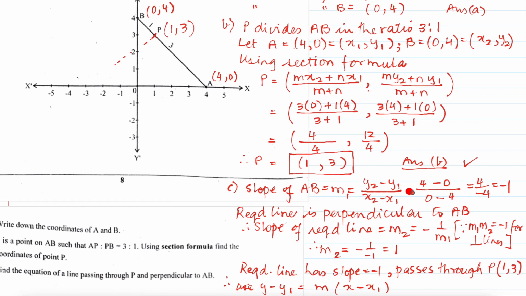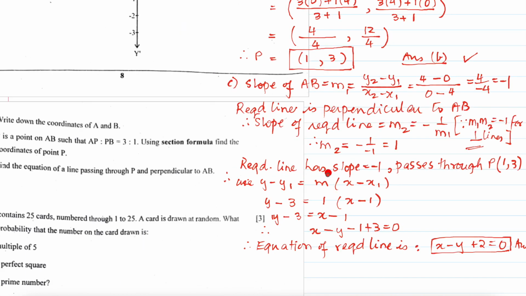Slope of AB, we write the formula, get the slope. Then required line is perpendicular to AB. So slope of the required line will be m2, which will be minus 1 upon m1, because m1, m2 equal to minus 1 for perpendicular lines. And that will give us m2 equal to 1. Now we say that the required line has a slope equal to 1 and passes through P, which is 1, 3.